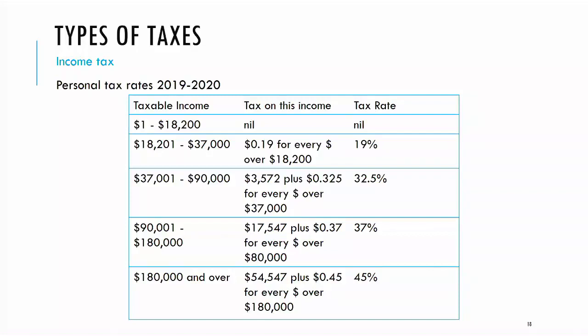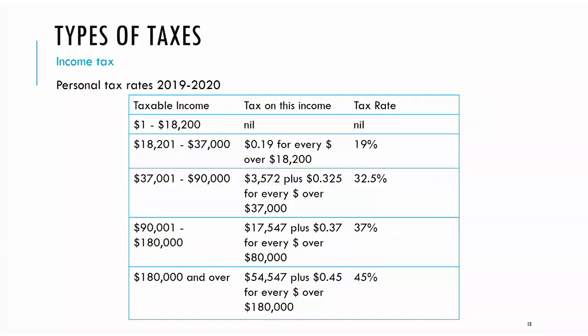If you work, even though you get less than 18,200, your employer deducts tax, and that tax will be sent to the Inland Revenue. That's a rule. Regardless of how much you earn, they'll deduct tax. We call it pay as you earn.